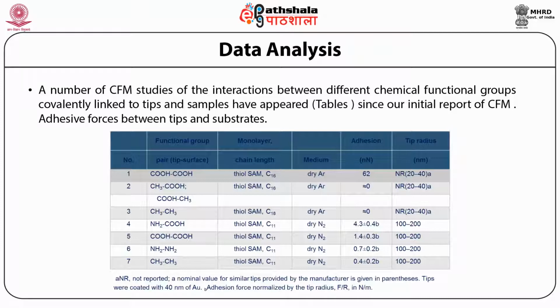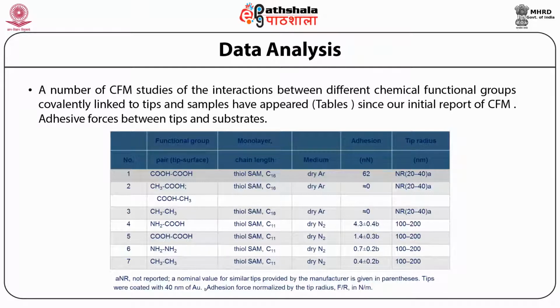Similarly, for various compounds, for example ethane and hydrogen, in dry nitrogen medium, the other data has been given here. A nominal value for similar tips provided by the manufacturer is given in brackets, which are taken as standards.